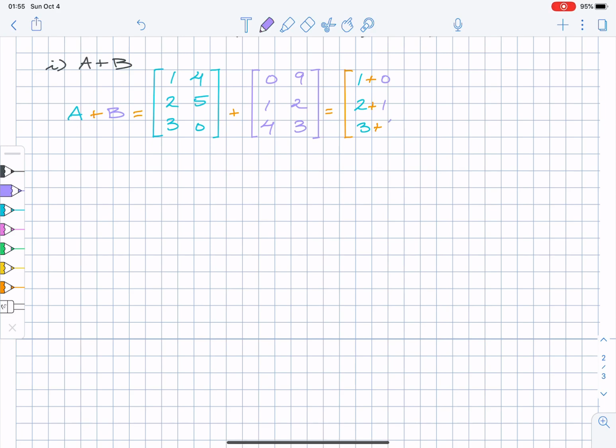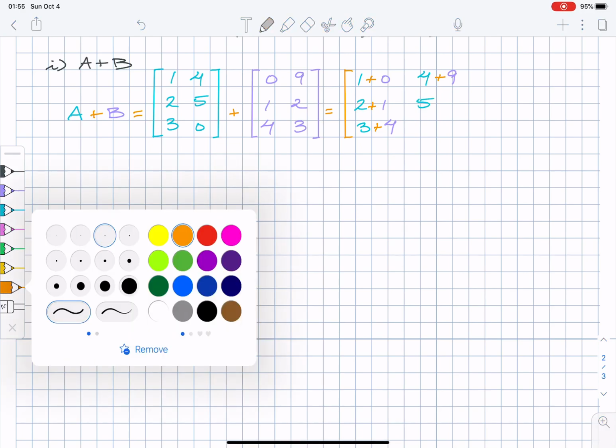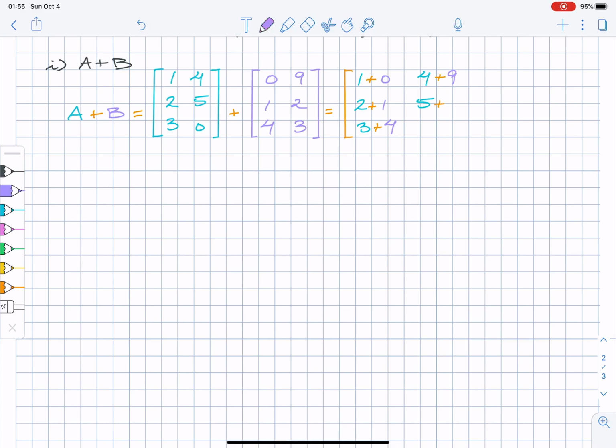That's the first column. Now let's go to the second column. It'll be 4 plus 9. Then it'll be 5 plus 2. Then it'll be 0 plus 3.